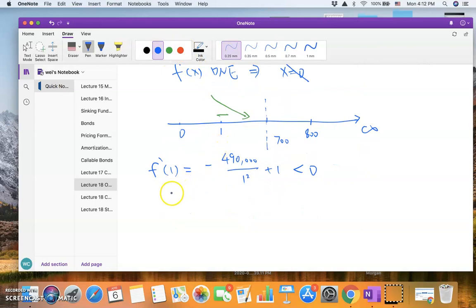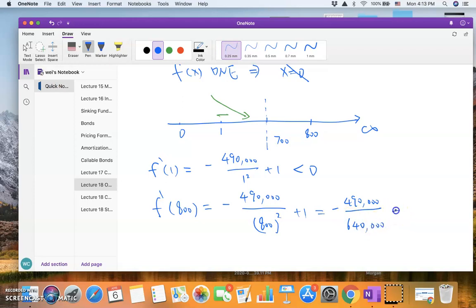And when x equals 800, the first derivative is negative 490,000 over 800 squared plus 1. That is negative 490,000 over 640,000 plus 1.